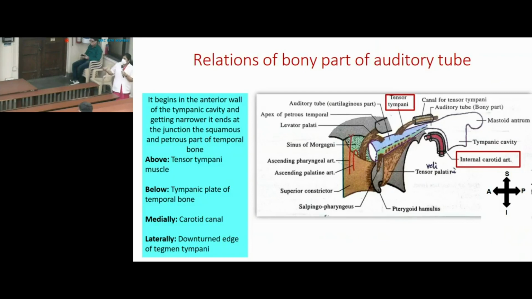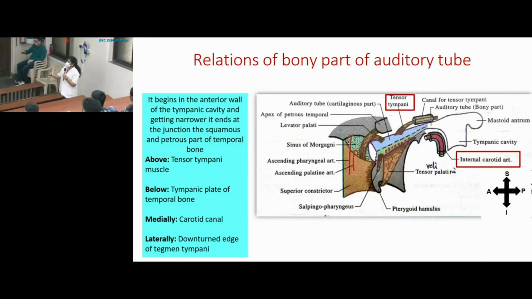Okay, as it passes below, forwards and medially, here you can see two laminae of the auditory tube, fibrocartilaginous part. And see how the muscles are attached. Which muscle is this? Levator veli palatini. And this is tensor veli palatini. Okay. So muscles of soft palate, they are also attached to this auditory tube.